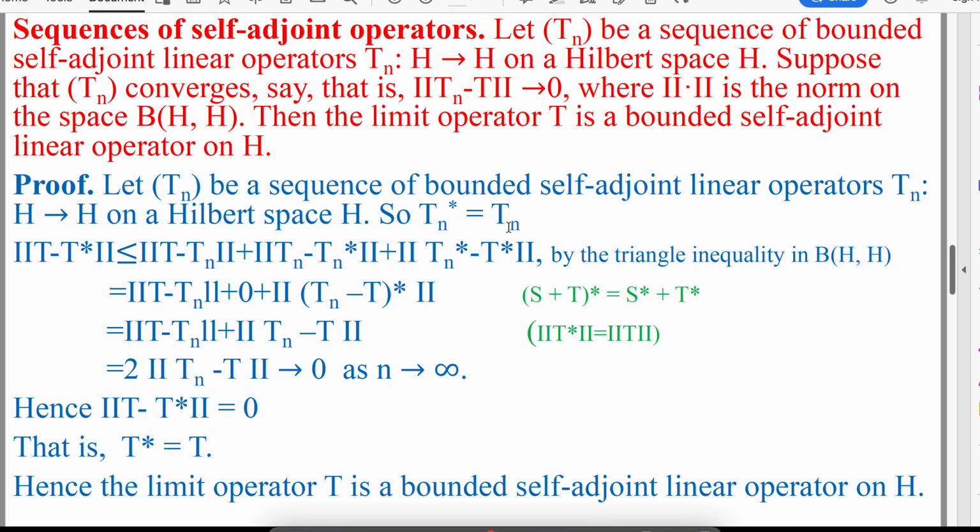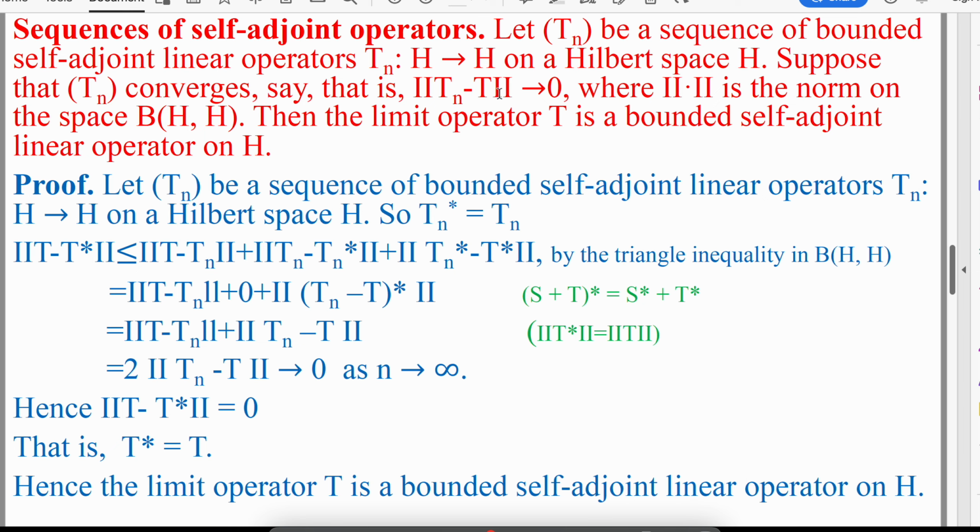Now, sequences of self-adjoint operators. Let Tn be a sequence of bounded self-adjoint operators on a Hilbert space H. Suppose Tn converges, meaning the norm of Tn minus T tends to 0, where the norm is the norm on this operator space.